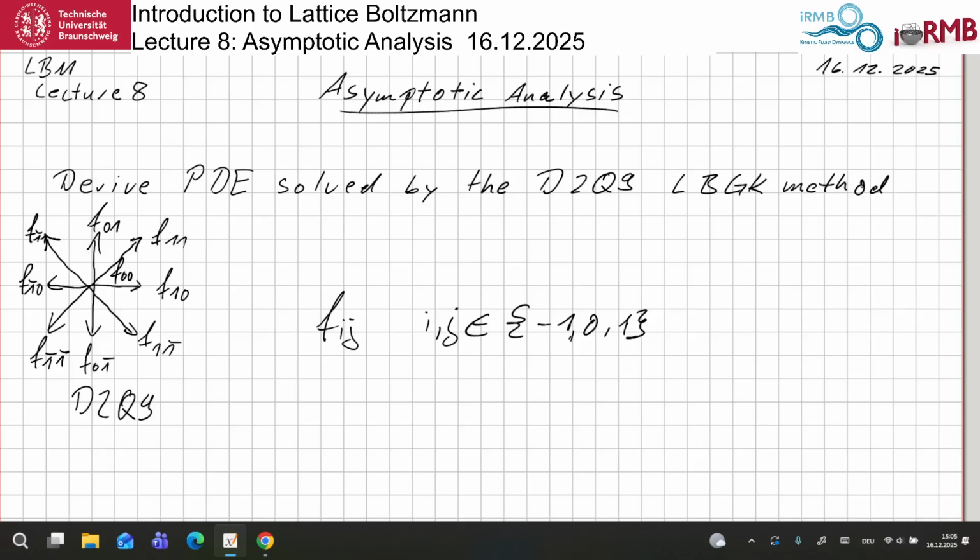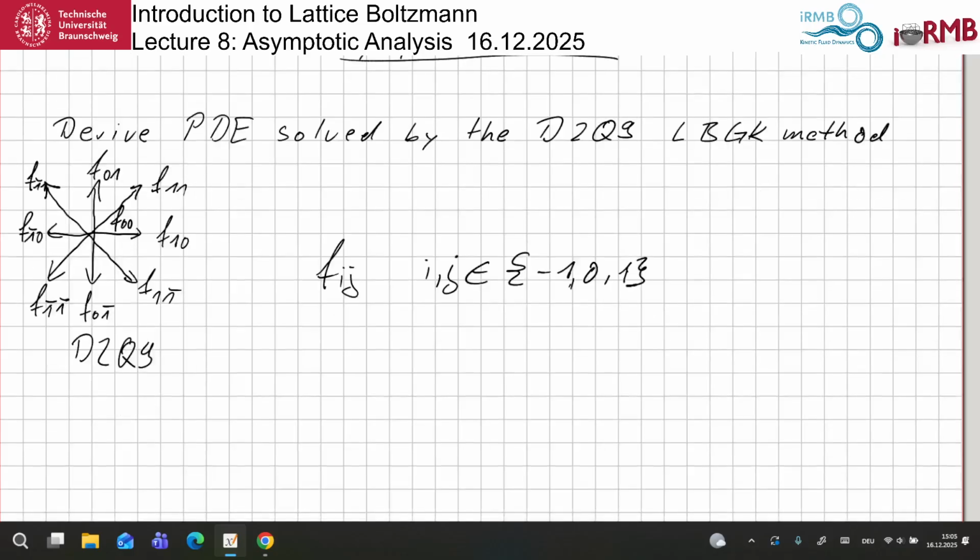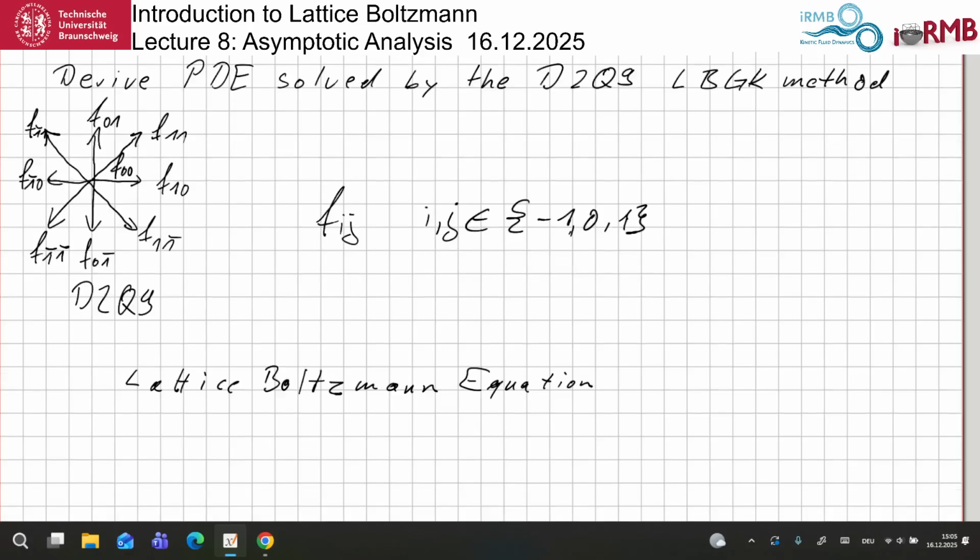So for this, we want to solve the lattice Boltzmann equation. And the lattice Boltzmann equation, in case I've not made it clear so far, is this discrete equation that will get the number 8.1.